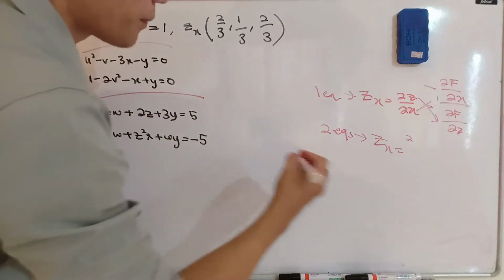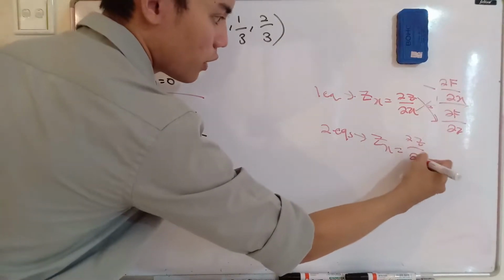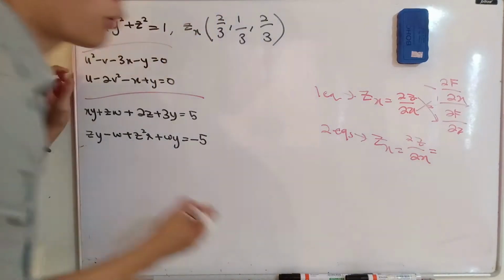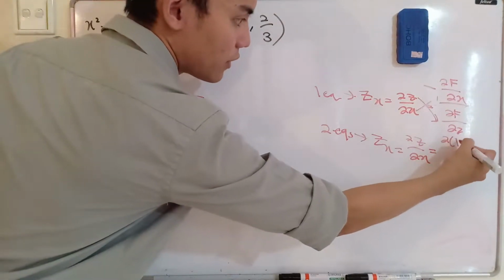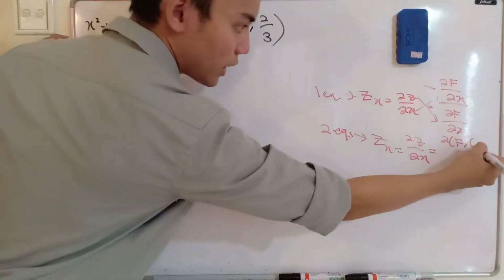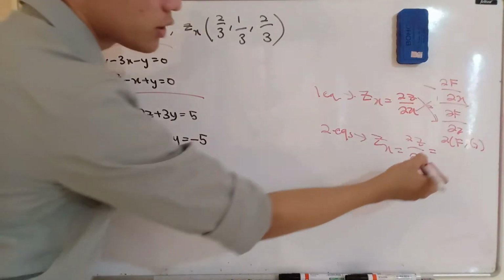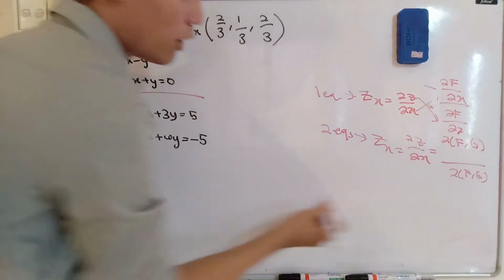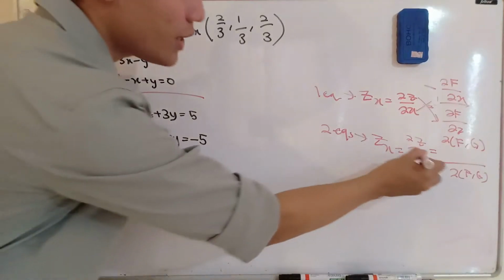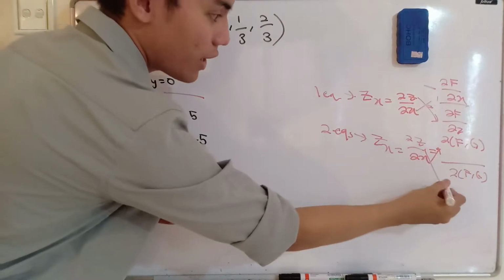I want to differentiate z with respect to x. So now I have the first equation and also the second equation, over first and second equation. It's just the same thing. Anyway, you need to just cross over multiply.